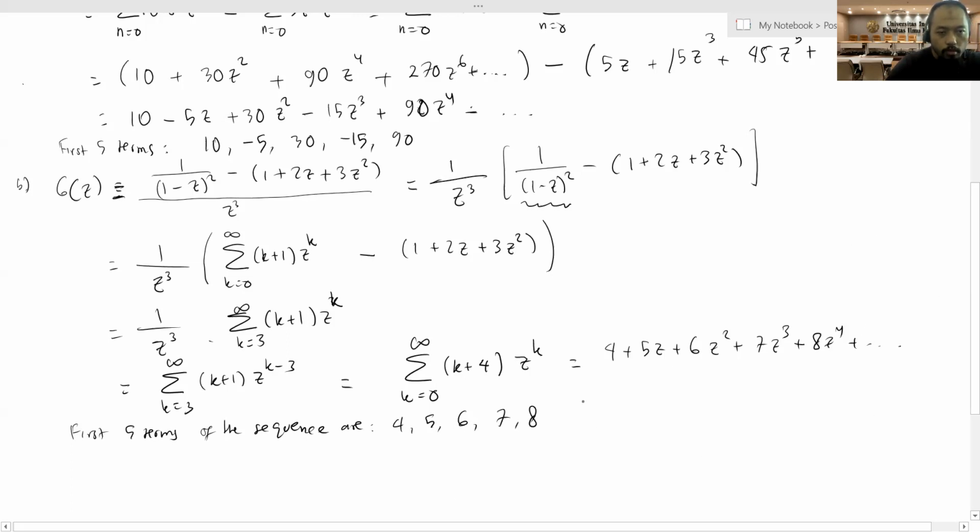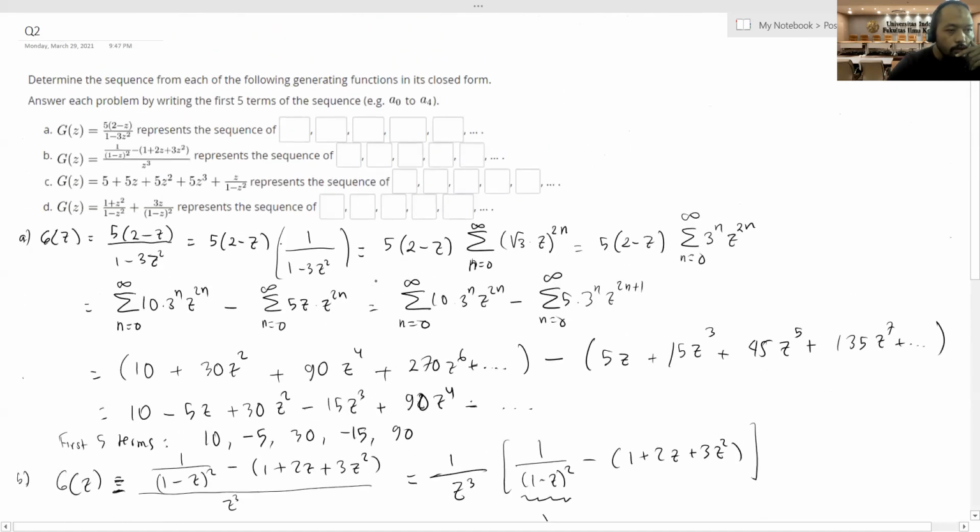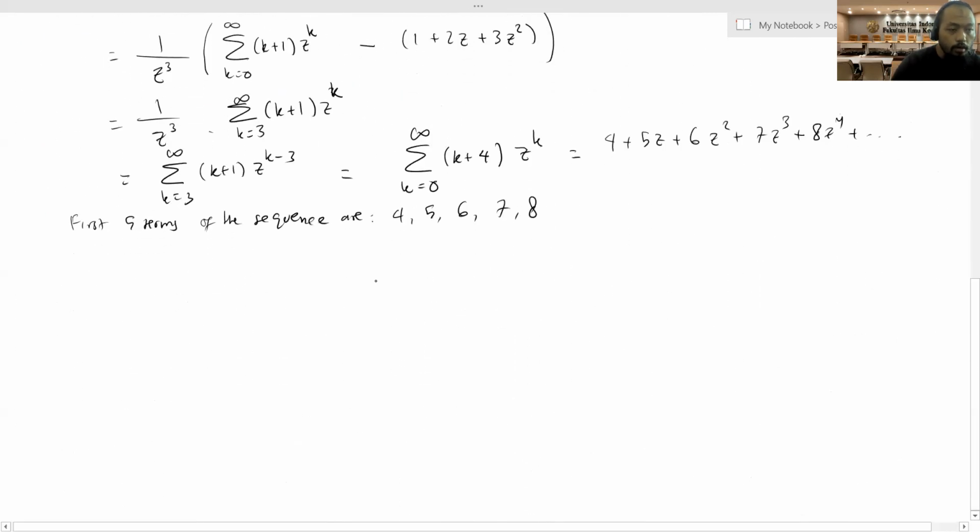Now for part C, let's have a look. So this time we have this sum, 5 plus 5z plus 5z squared plus 5z cubed plus z over 1 minus z squared. So let me write it down.